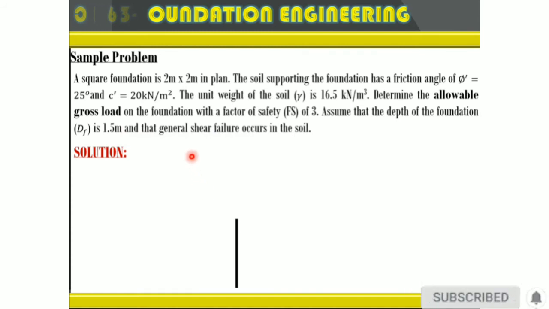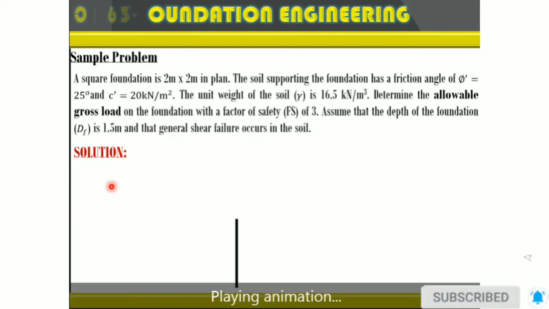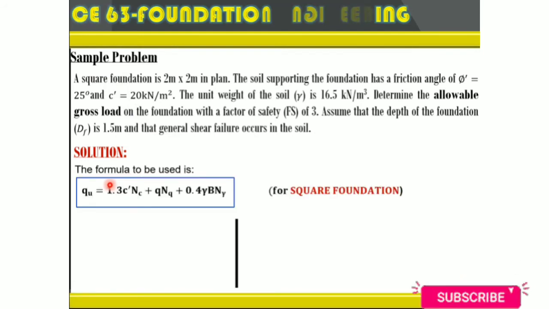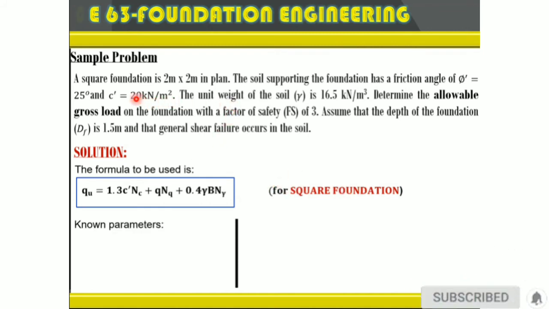Okay, so the foundation is a square, so the formula we are going to use is QU equal to 1.3 C prime N_C plus q N_q plus 0.4 unit weight times B times N unit weight. This is for the square foundation. You also need to determine the known parameters.